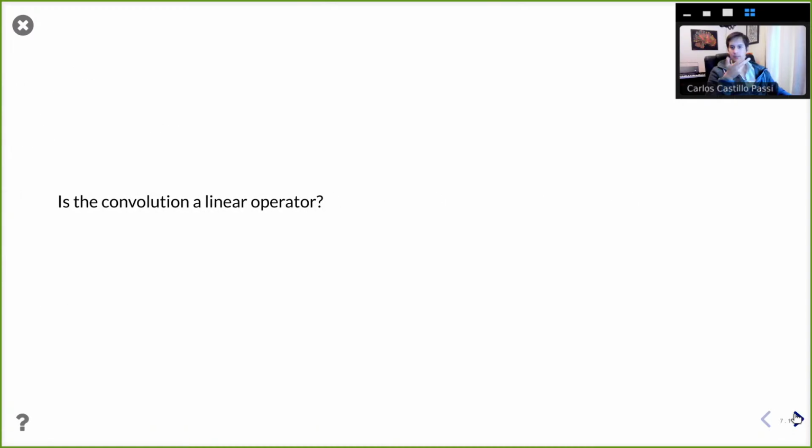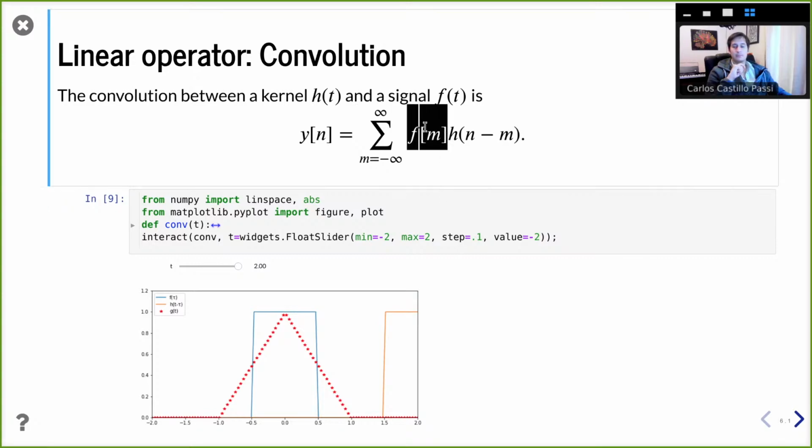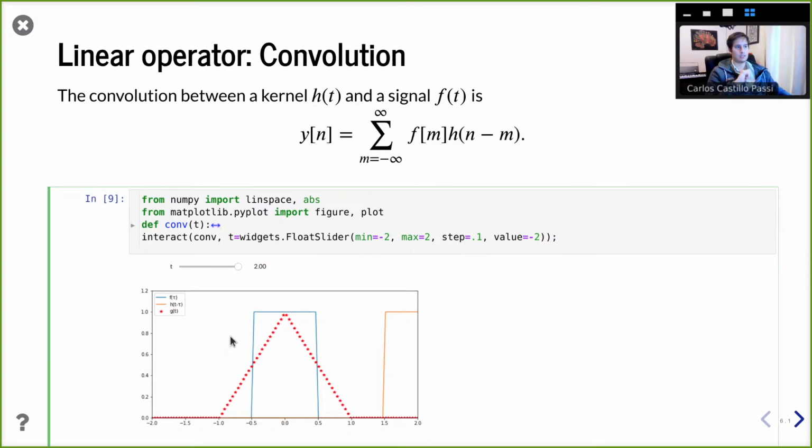Okay, so a question, but obviously I have already responded the question, is that if the convolution is a linear operator, that means that if I put instead of f1 plus alpha times f2, that will be the same as y1 plus alpha times y2. And here I will not show an example, but that is indeed correct. This operation is linear.